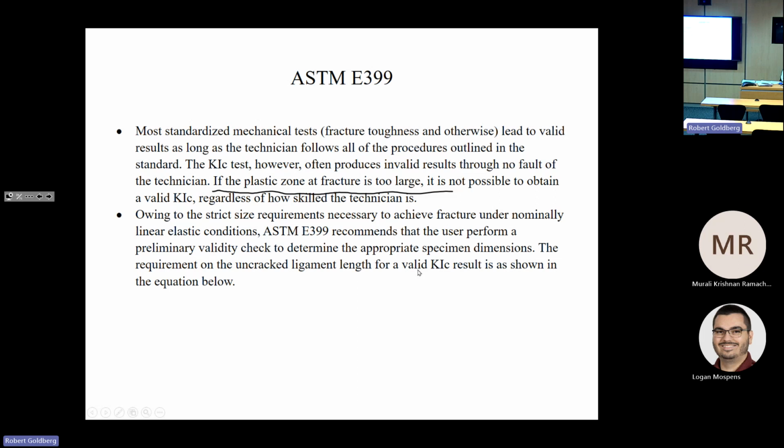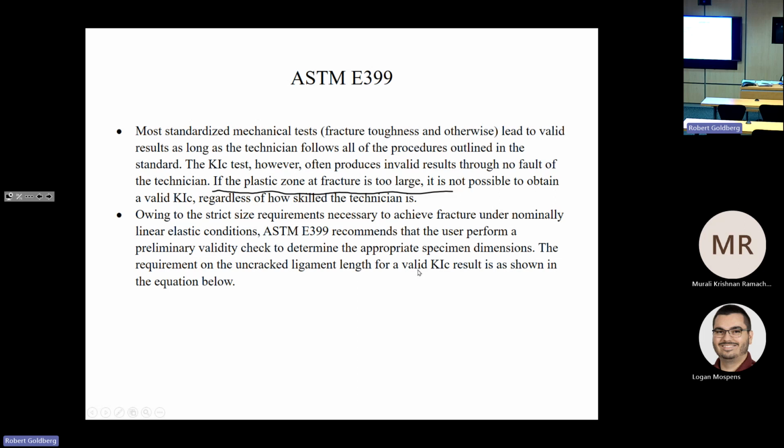So owing to the strict size requirements needed to achieve fracture under nominally linear elastic conditions, the standard recommends that a user performs a preliminary validity check to determine the appropriate specimen dimensions.